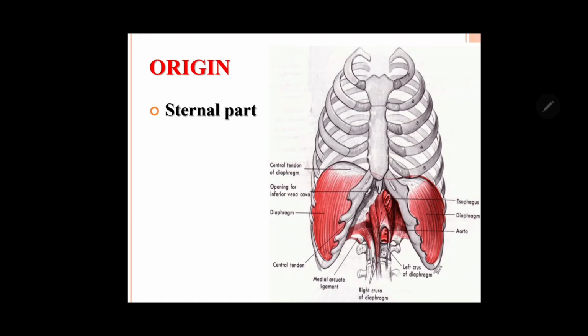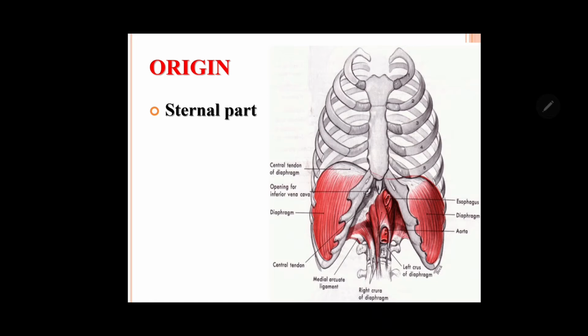When you see here in the animation, if you zoom in, this is the diaphragm. You can notice the central trefoil leaf shaped tendon and the peripheral muscular part.